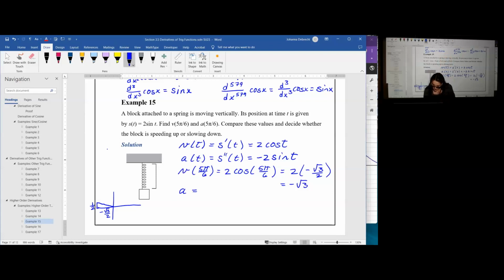When I find the acceleration at 5 pi over 6, I need to substitute that value into -2 sine of t. The sine of 5 pi divided by 6 is 1/2, which gives me -2 times 1/2, which would give me -1. And this would probably be inches per second squared.